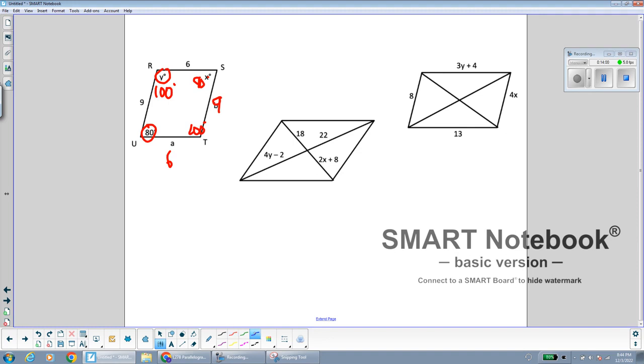Moving on to the second example, we know that in a parallelogram, the diagonals bisect each other. So I know that this diagonal is being cut in half equally, and this diagonal is being cut into 2 congruent parts. So I can set up an equation to find x, and then an equation to find y. So to find x, I know that 18 is equal to 2x plus 8.